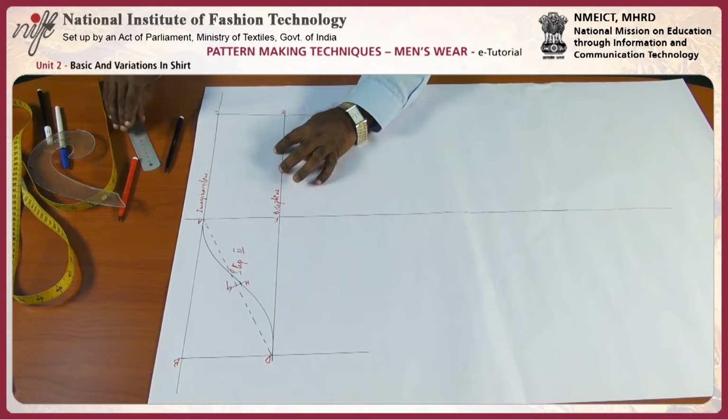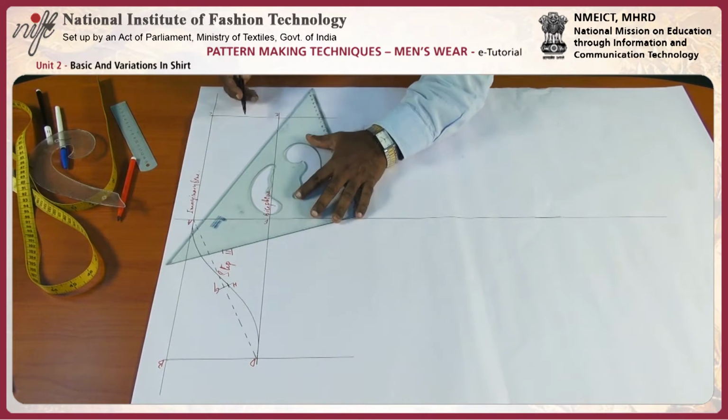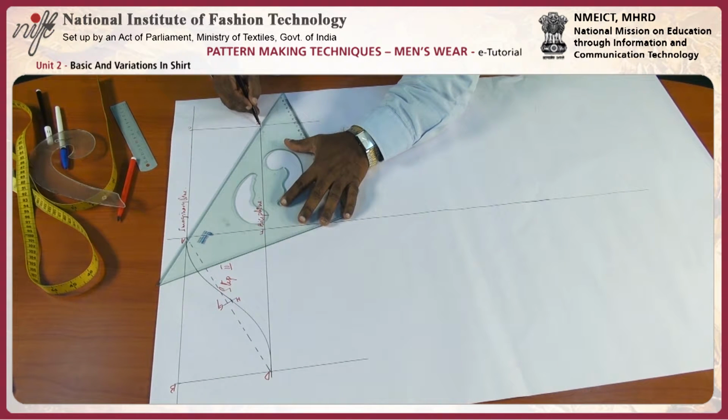With the following measurements, first, you need to join AE with a dotted line.